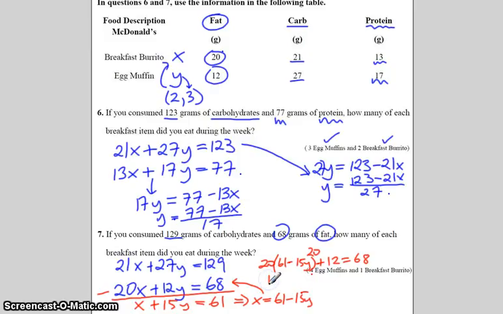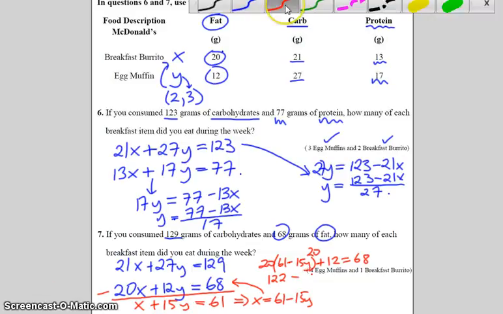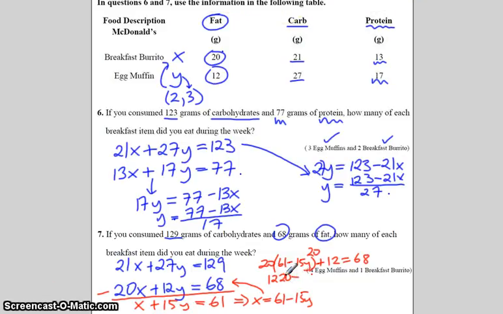We do this, we get, oops, sorry, forgot to multiply by 10. So 1,220. Multiply 20 by 15, we get 300y plus 12y equal to 68. And then we have some like terms here.